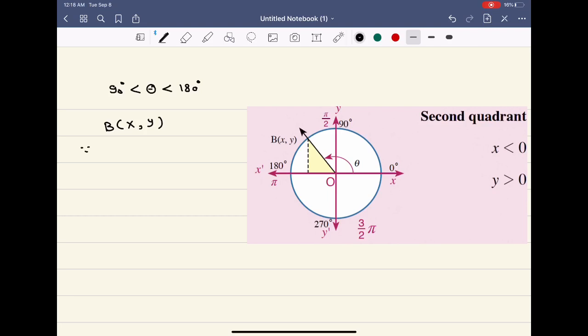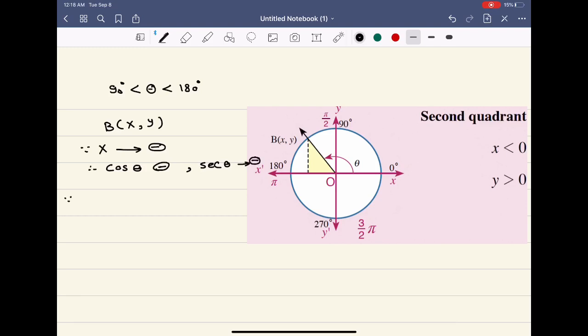Since x is negative, therefore cosine theta is negative and its reciprocal is negative, and sec theta is negative.